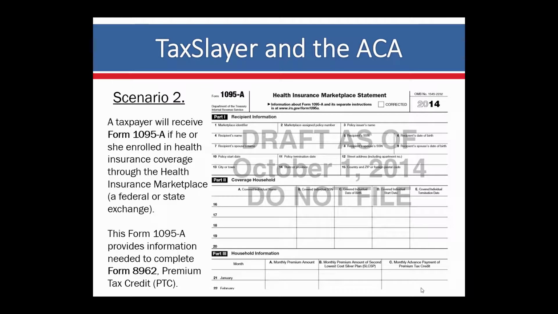Again, in this second scenario, the taxpayer is going to receive Form 1095-A if he or she enrolled in health insurance coverage through the health insurance marketplace, which is a federal or state exchange such as healthcare.gov. This Form 1095-A provides information which is needed to complete Form 8962, the premium tax credit.